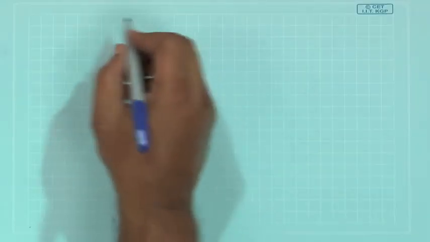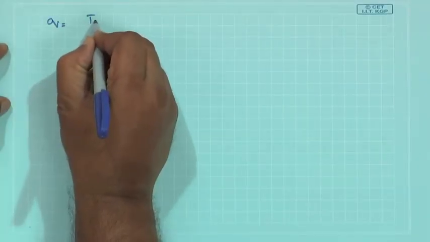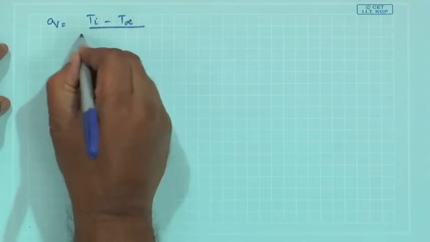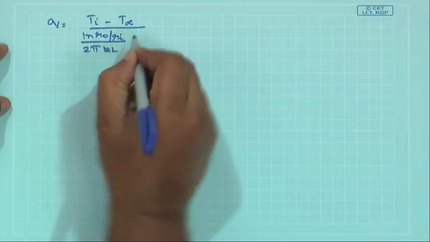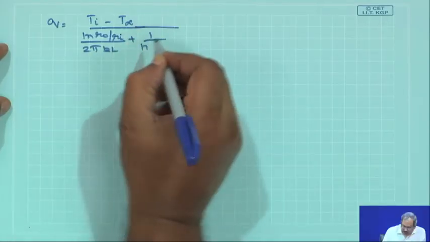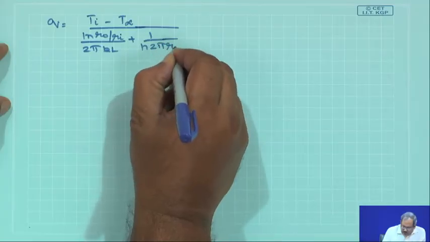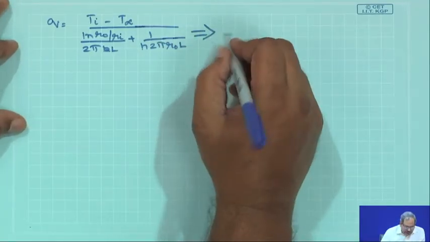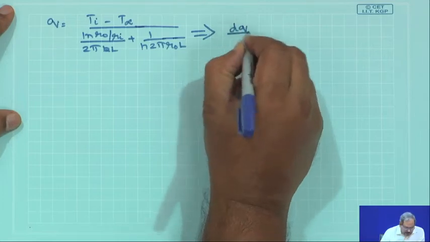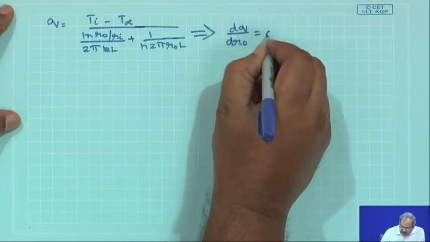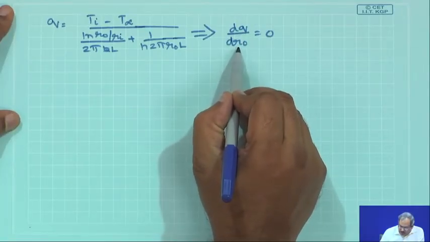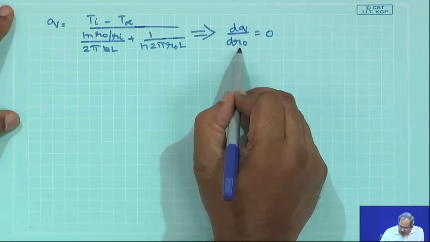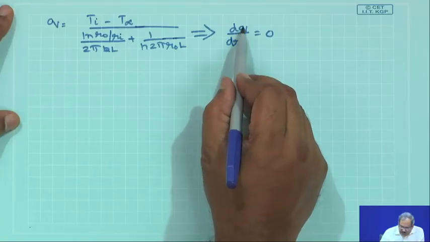So, starting with this Q, which I will write again, T I minus T infinity by ln r naught by r I over twice pi k L plus 1 by h 2 pi r naught L, I am going to differentiate this and set it equal to 0. So, I am trying to find out if there is a radius r 0, where r 0 is the insulation thickness, which would maximize the flow of heat, denoted by Q.